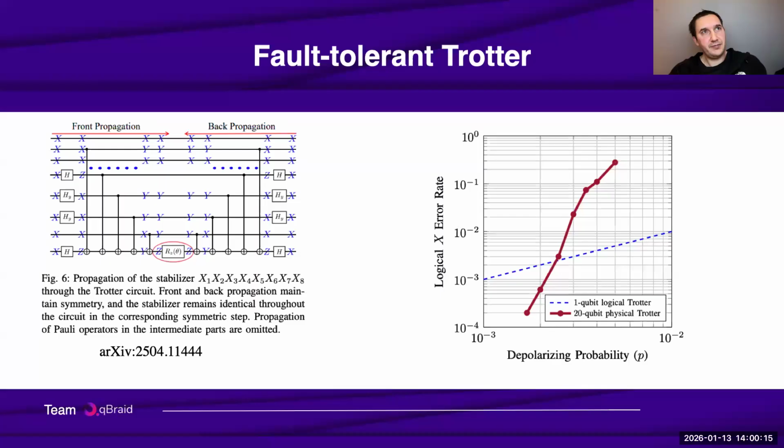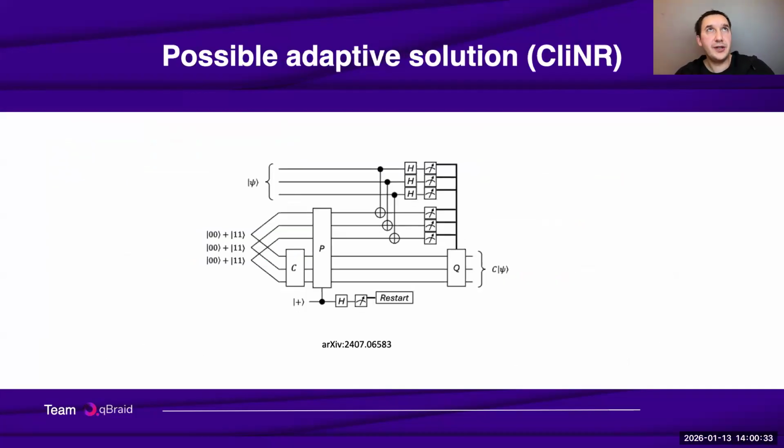There was recent work by Narayan and Rangaswamy from University of Arizona that suggested that the Trotter circuit itself can be fault tolerant, but this does not correct the hook errors. So what we tried to do was to borrow this Clifford noise reduction circuitry, which was developed at IonQ, and try to decrease the problematic hook errors for a Trotterization.